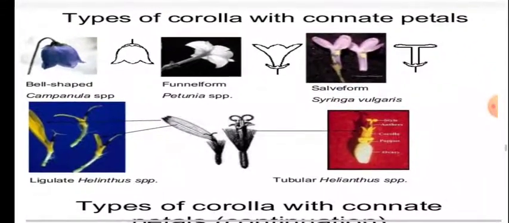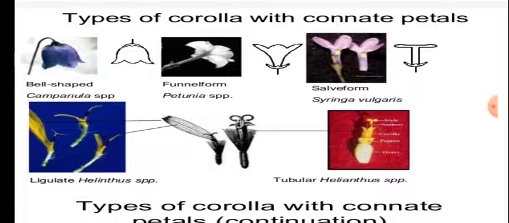In types of corolla, you see first the bell shaped, Campanula, and secondly funnel form, then Petunia. Ligulate is there, a good example seen in Tridax.